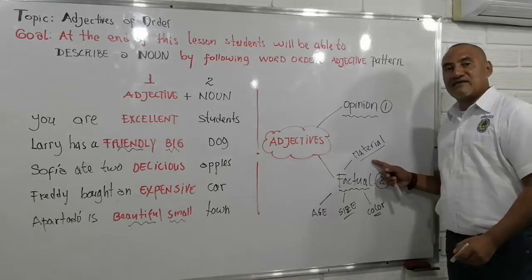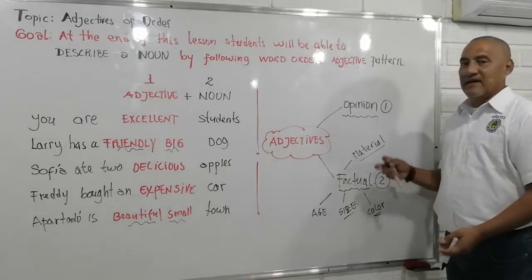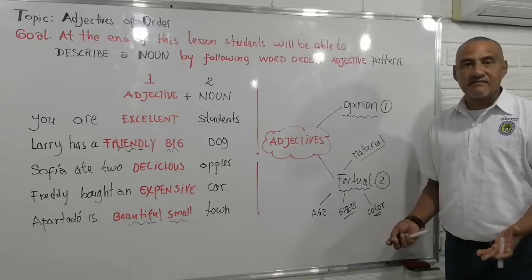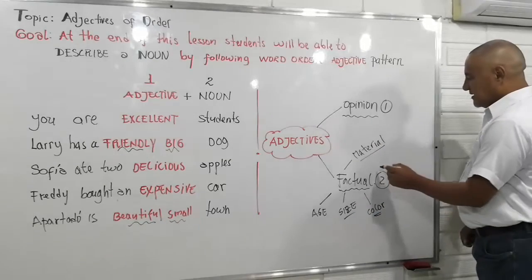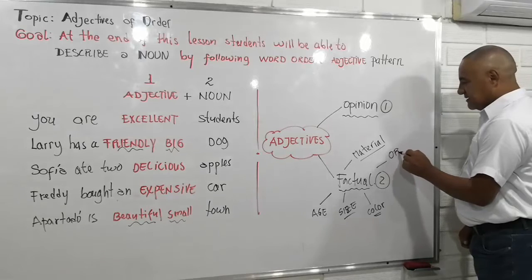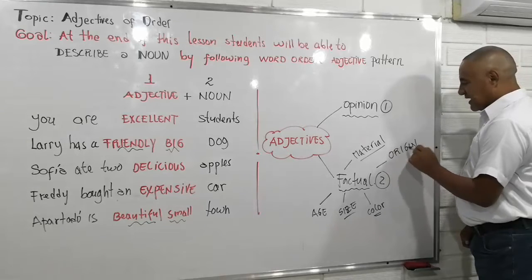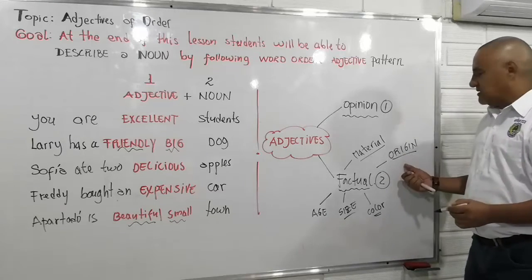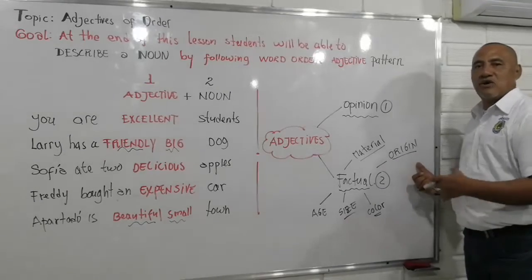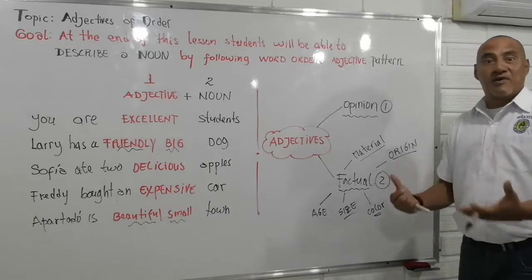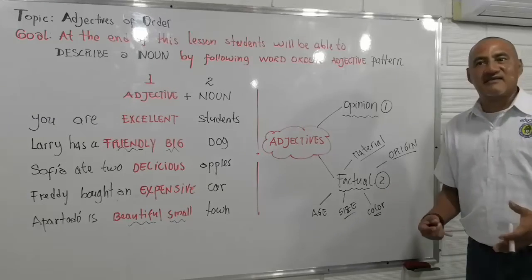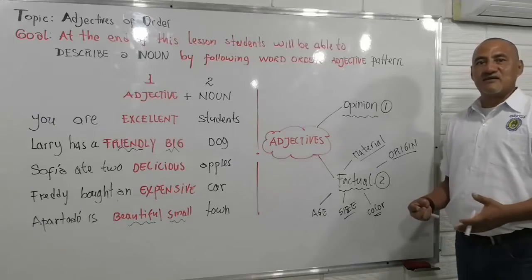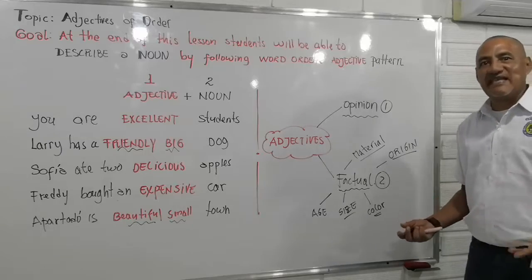Nos da información acerca del material: acrylic, plastic, wool, cotton, etc. Origin, yeah. Factual adjectives give us information about the origin, where the object or the person comes from, all right? Example: Colombian, American, French, Portuguese, Japanese, etc.